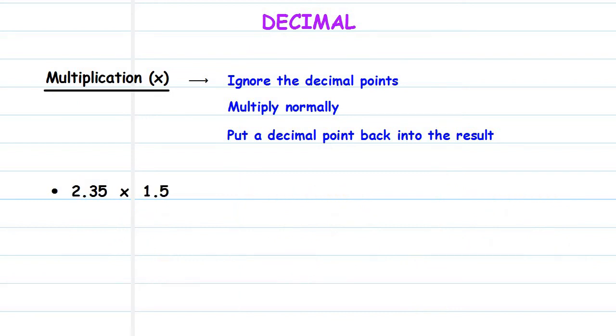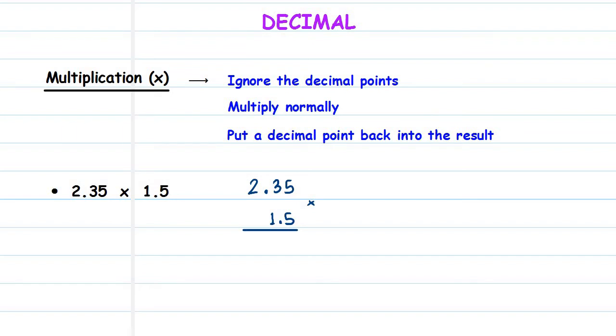This time we increase the difficulty a little bit more and try 2.35 multiplies 1.5. Here we have 2.35 times 1.5. First, we will ignore the decimal points in these two numbers and just multiply them normally.